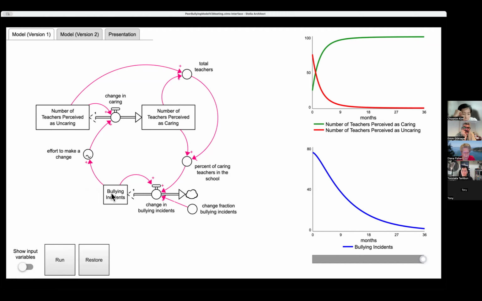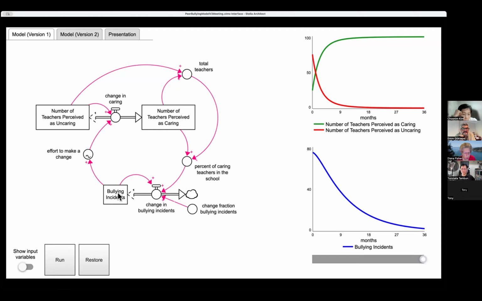And the more bullying incidents we felt, there would be more effort to make a change in the teaching environment to try to make it more caring. And so there would maybe be reduced bullying.